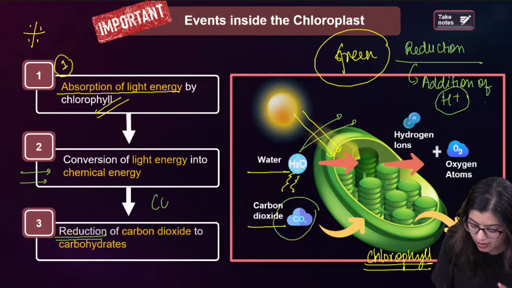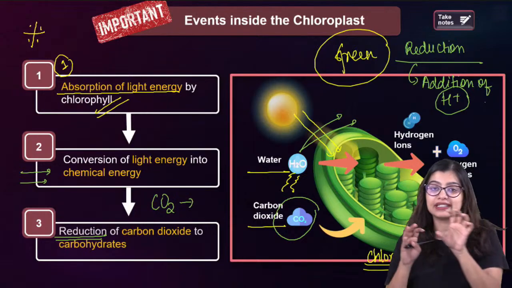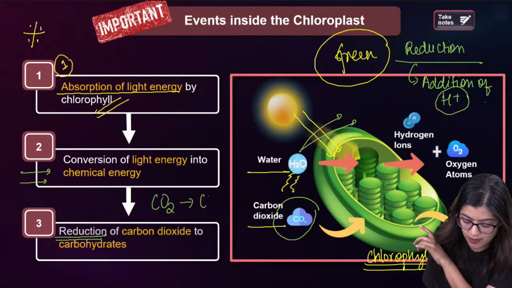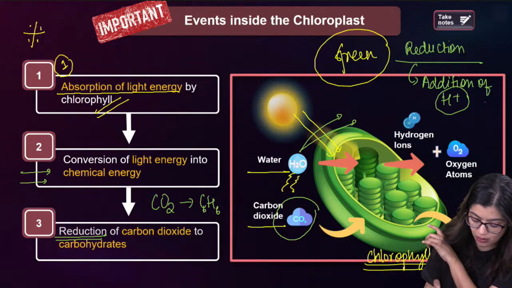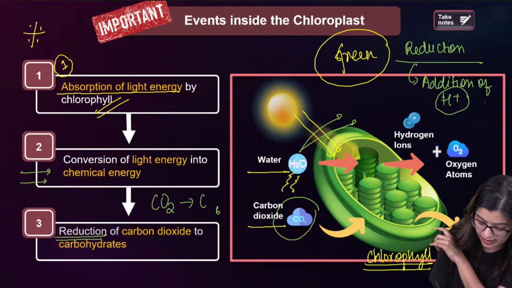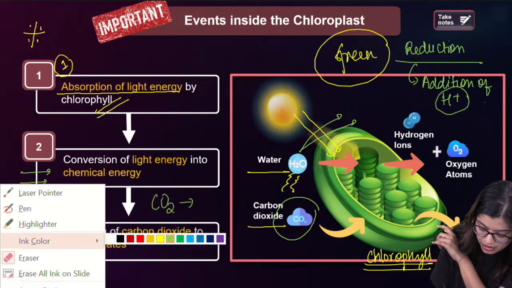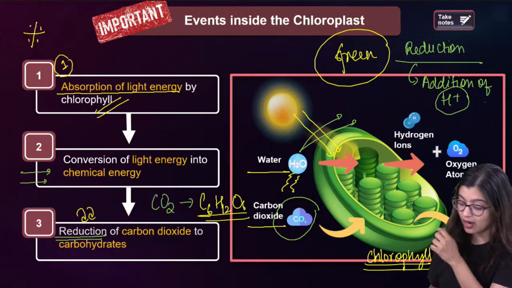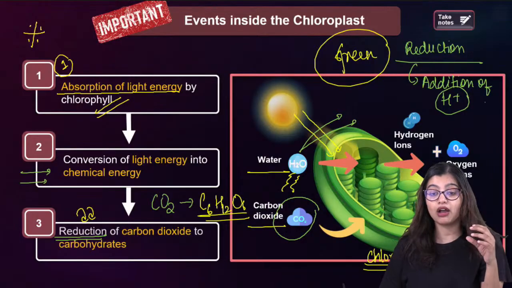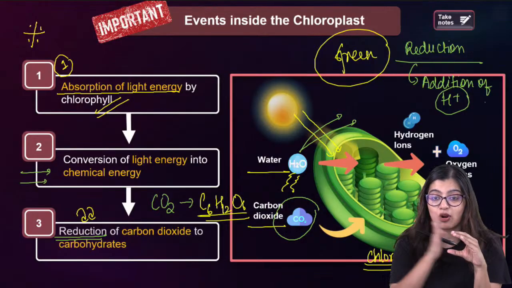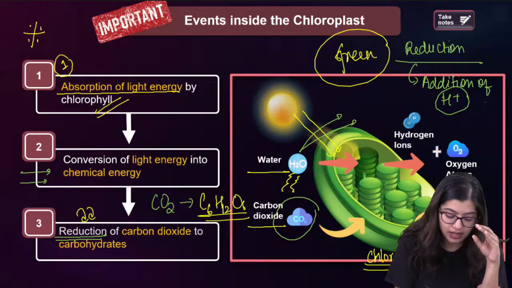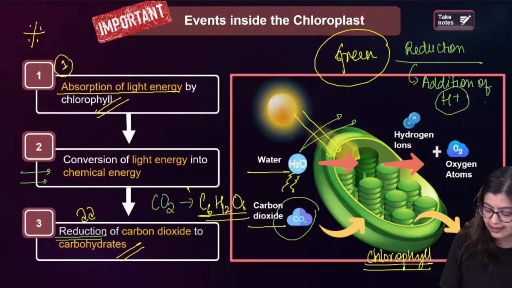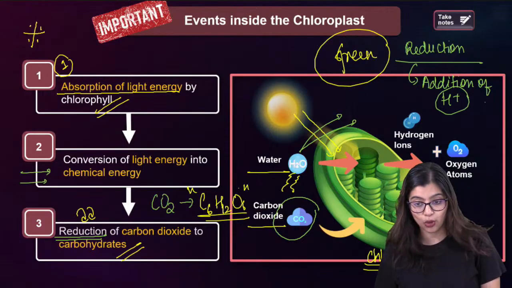So to your carbon dioxide, what is happening? Through a series of steps, it forms glucose, which now has hydrogen in it. So C6H12O6, which is why we use the word reduction. So here your carbon dioxide is what is getting reduced and forming carbohydrates in the form of glucose.